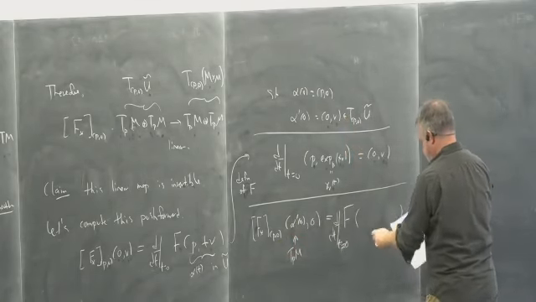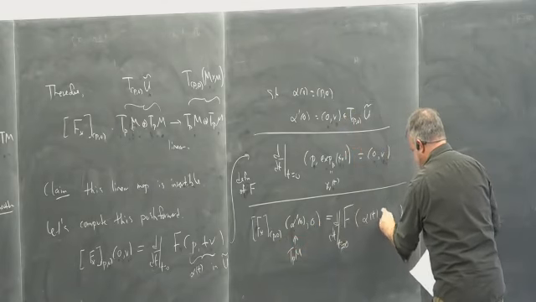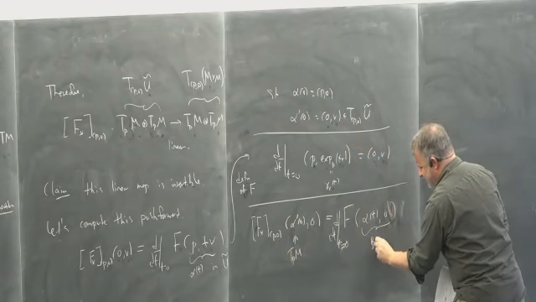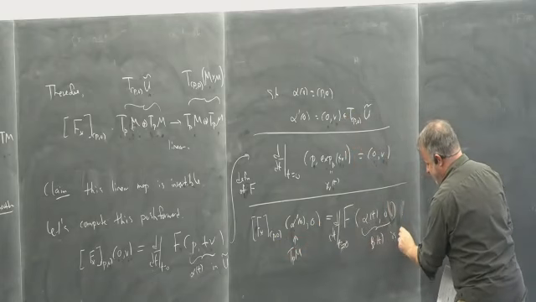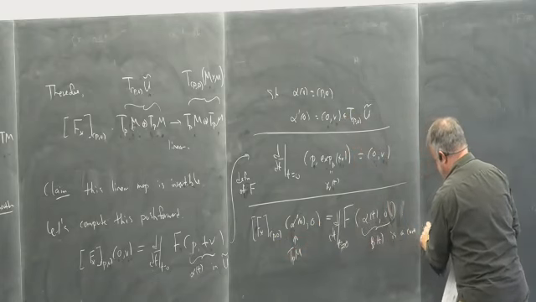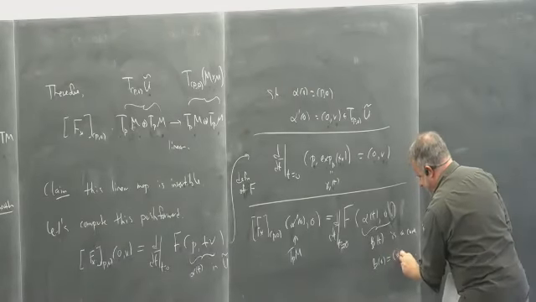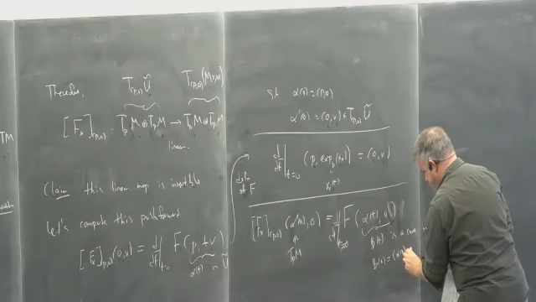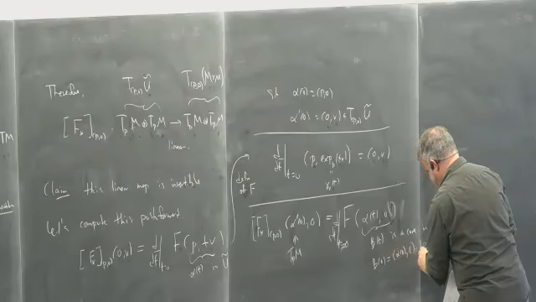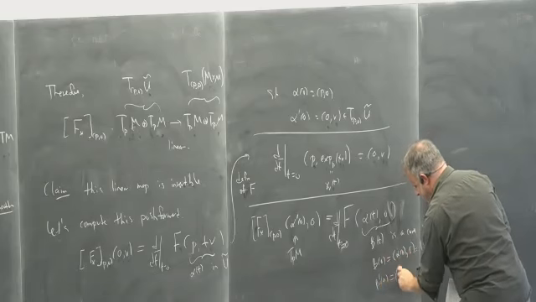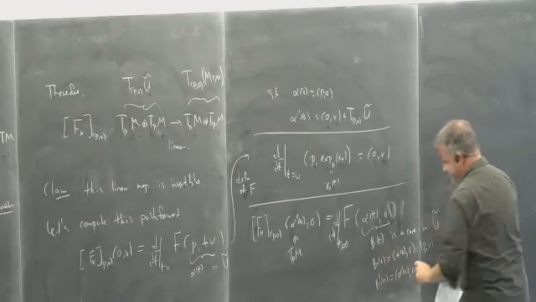So I claim I can take alpha of t comma 0, because if I call this thing beta of t, this is a curve in u tilde. Where does it go at time 0? I get alpha of 0, 0, which is p, and beta prime at 0 is just alpha prime of 0, 0.